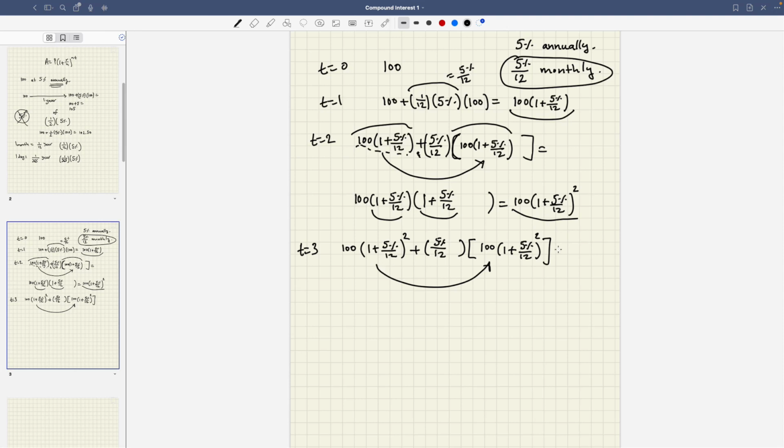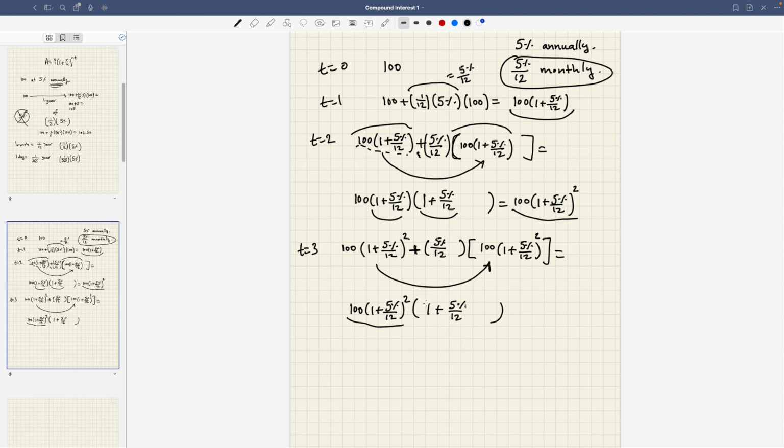So from here we can factor out the quantity that is the same, which is this one. Factor it out: 1 plus 5% divided by 12 to the second power, obviously, parenthesis, 1 plus 5% divided by 12. This quantity right here is just a common factor that is on both sides of this plus sign.